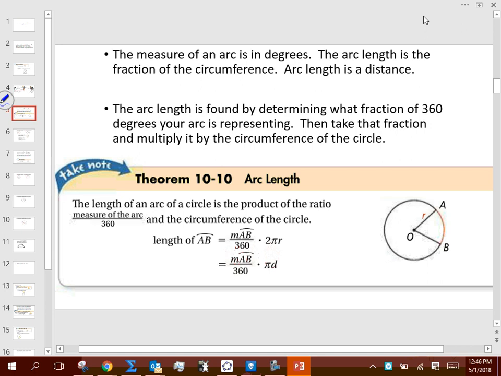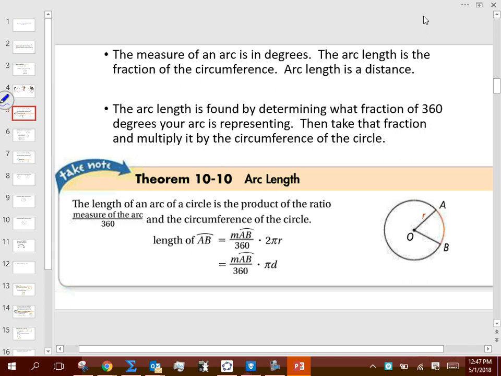Okay. And right now, what we're going to be able to do, because we know circumference is a length, if I multiply that by some fraction between 0 and 1, it's going to give me a length that is less than my circumference. It's going to be that fraction of my circumference that I'm interested in. Okay? So this formula here where it says length of arc AB is equal to the measurement of arc AB, which is going to be in degrees, and you divide that by 360.